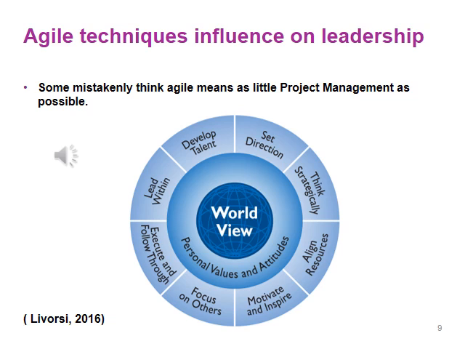However, Agile project management provides a greater ability for change, which provides even more management. Other characteristics of Agile leadership also include developing talent, setting direction, thinking strategically, aligning resources, motivating and inspiring, focusing on others, executing and following through, and leading within.